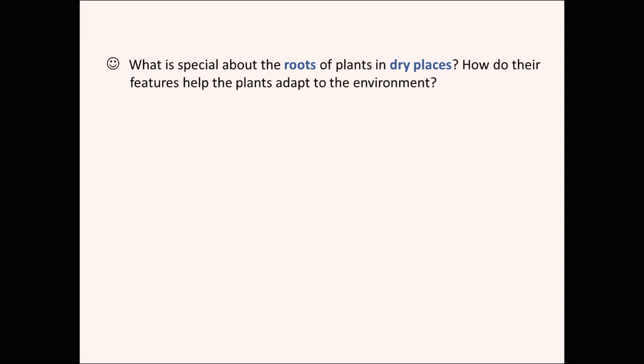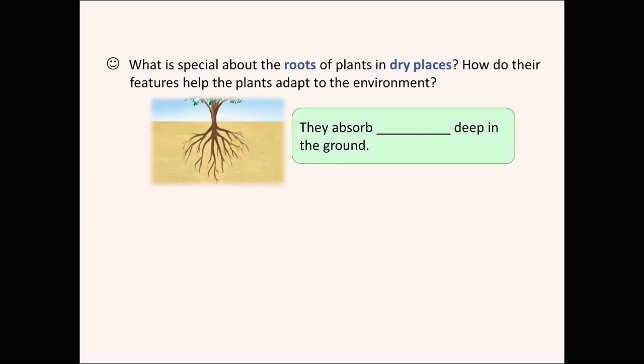That means, for example, the desert. And how do their features help the plants adapt to the natural environment? Let's take a look. For the plants living in the desert, they will have a root like this.